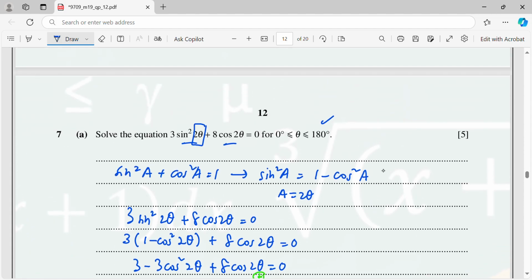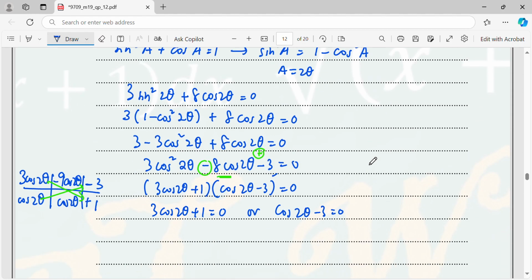Now when you look at the interval, your theta is defined from 0 to 180 degrees, and you are solving cos 2 theta. So now I have to get the new interval. 0 to 180 degrees, when you multiply by 2, becomes 0 to 360 degrees.